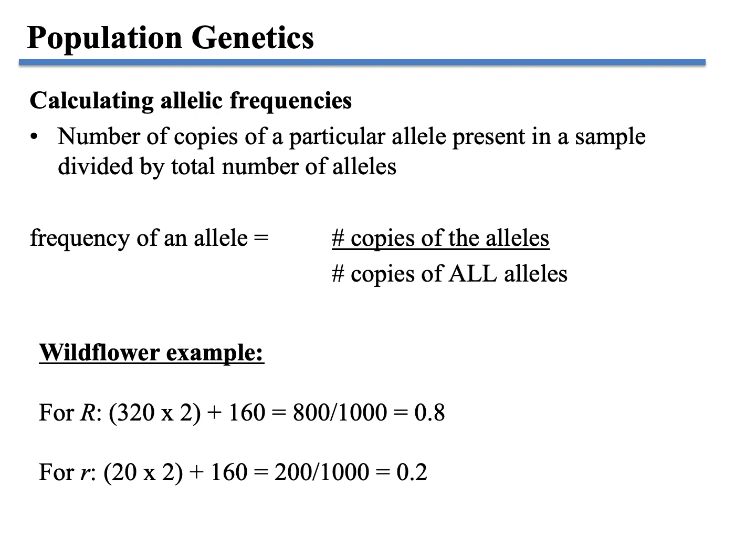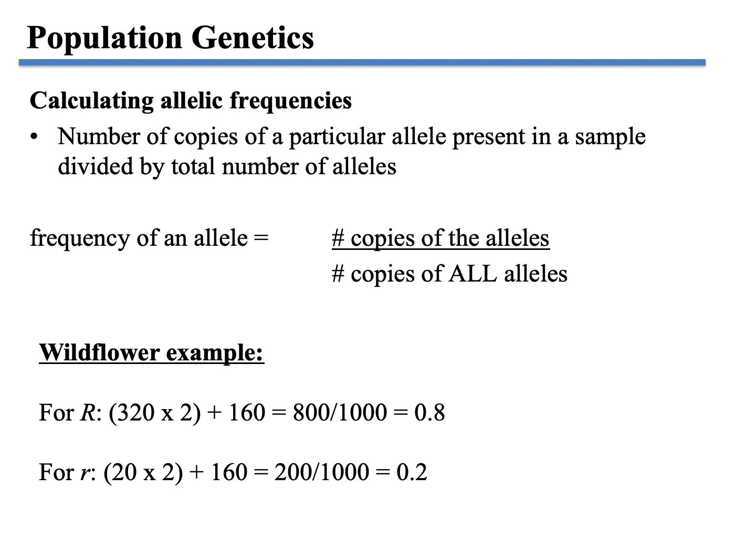Plus, we have to add to that the number of dominant alleles represented by heterozygous individuals, which was 160.